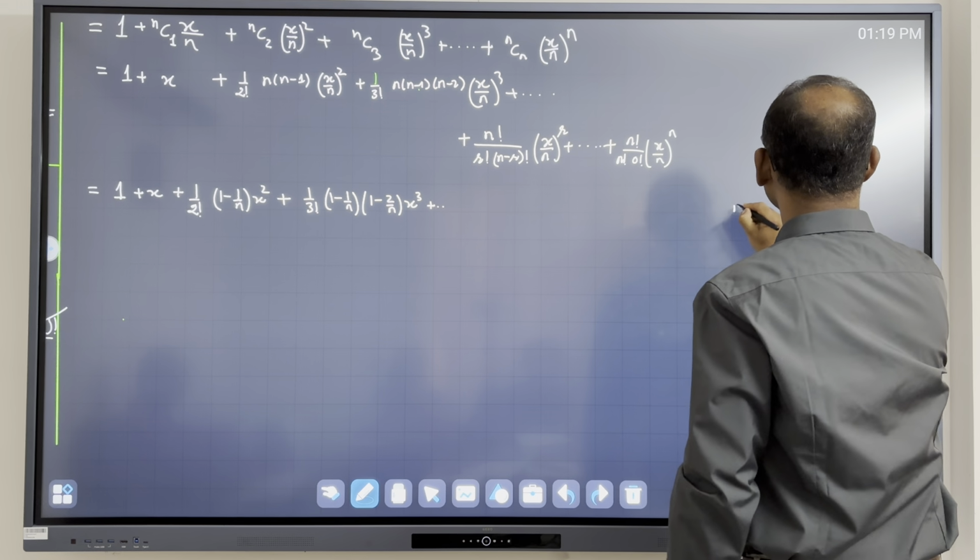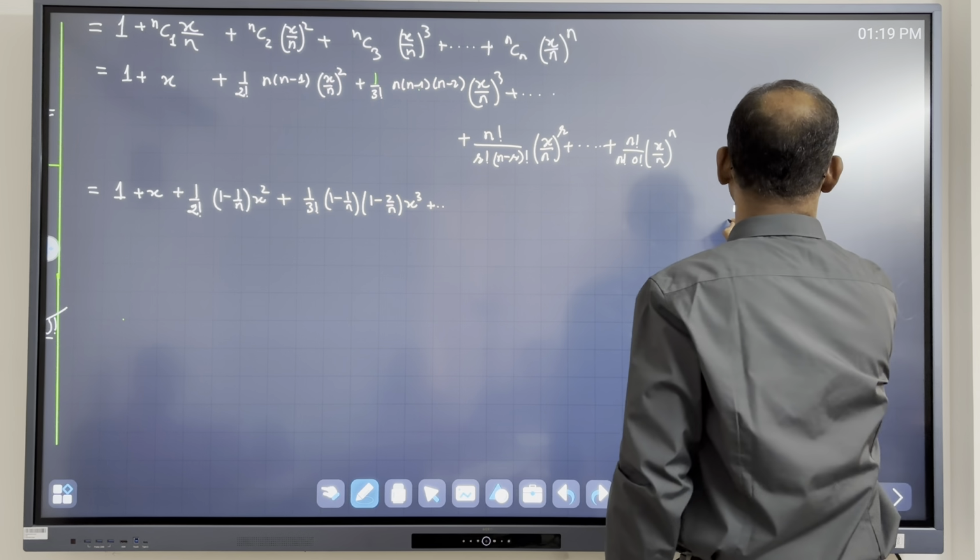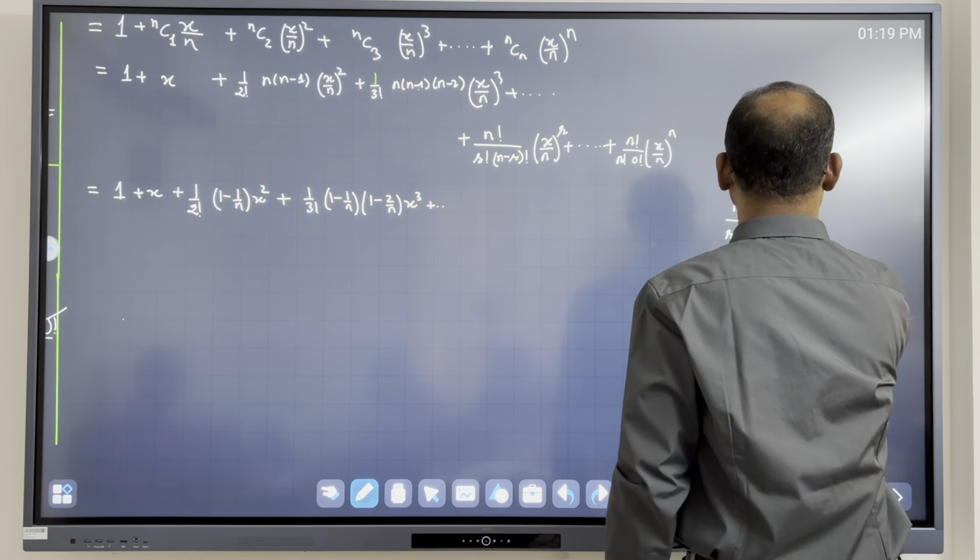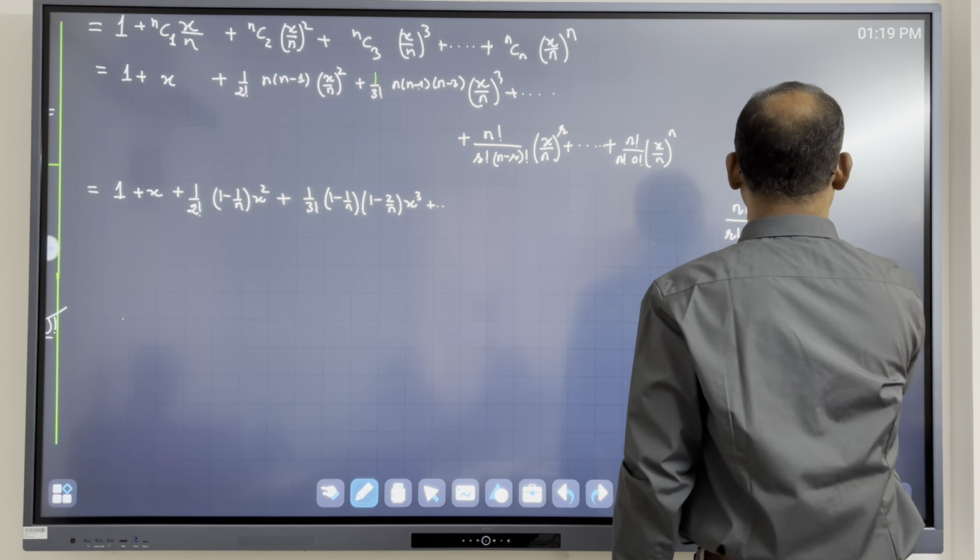So n factorial over r factorial (n minus r) factorial.